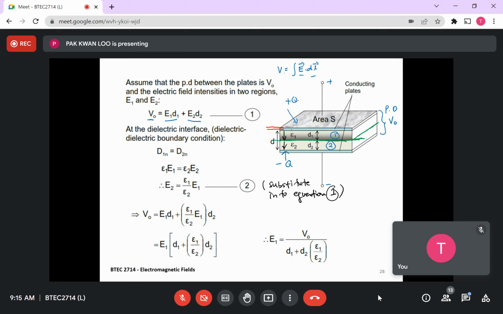I mentioned already that this plate here is positive charge Q. Following the earlier example a few slides before, we don't want to lose the general discussion, so we will assume every plate is charged with positive Q and negative Q. So the dielectric interface is between the plates and the dielectric of epsilon 1.